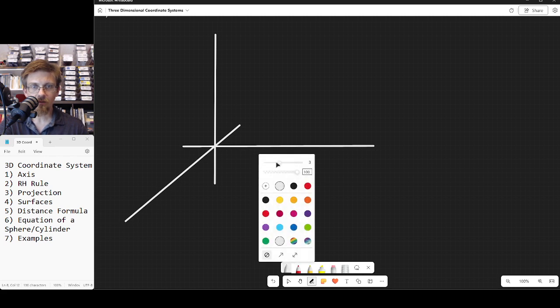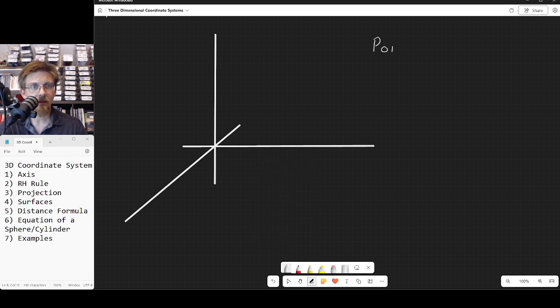Now when we want to talk about points in the coordinate plane, a point in R3, if you're not familiar with that terminology, the R just represents the real numbers, and the 3 tells us how many dimensions we're in.